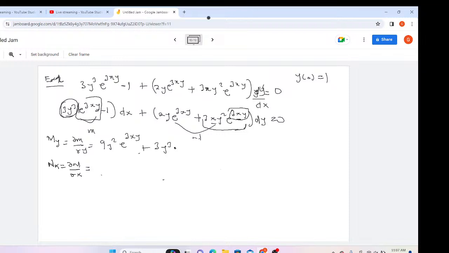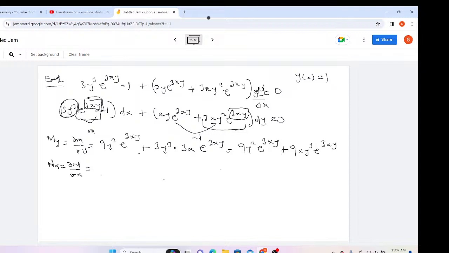This is a constant, so when I differentiate it with respect to y, that part goes to 0. So e to the 3xy, and I differentiate the exponent: 3xy gives 3x e to the 3xy. My final answer becomes 9y squared e to the 3xy plus 9xy cubed e to the 3xy.